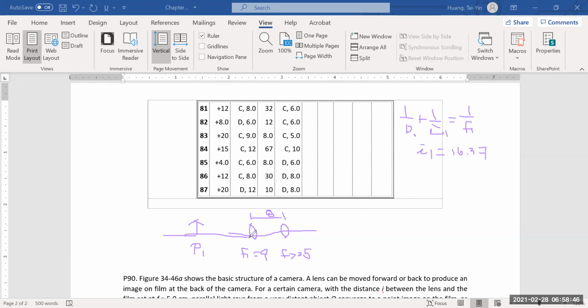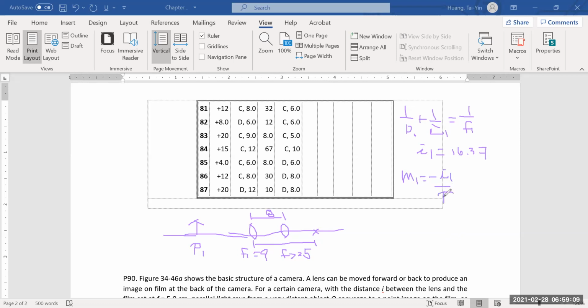If it's real, it has to be behind the lens, on the opposite side from where the object is. This is 8, so it has to be somewhere here. From this position to this place, that's 16.37. And let's look at the orientation. So you calculate your M1. Your M1 is equal to negative I1 over P1.